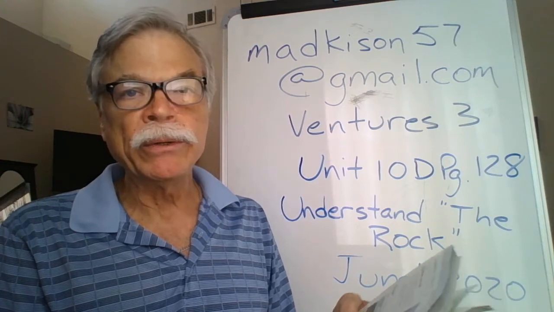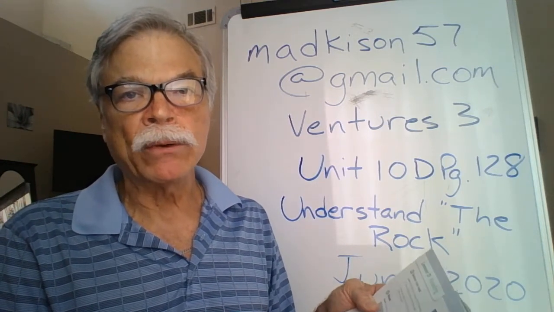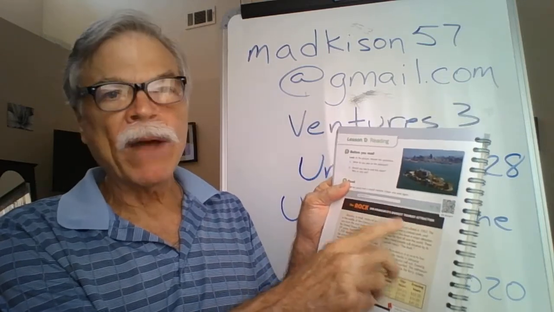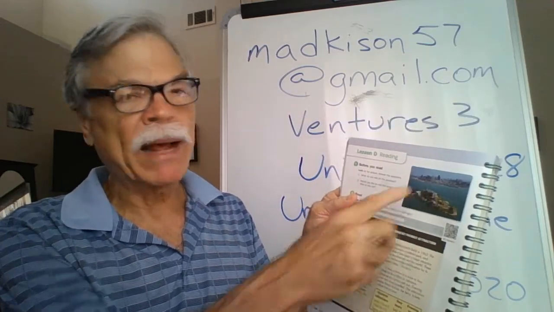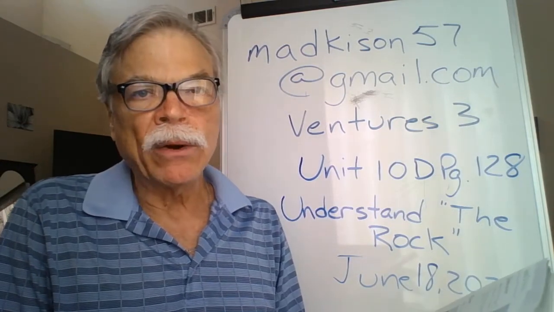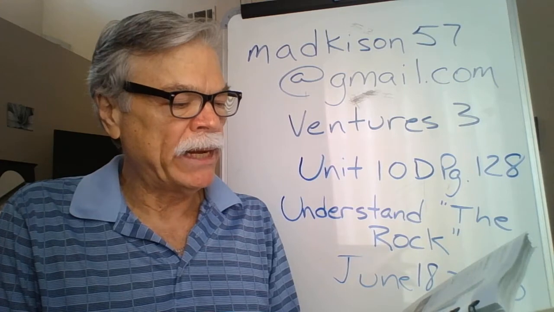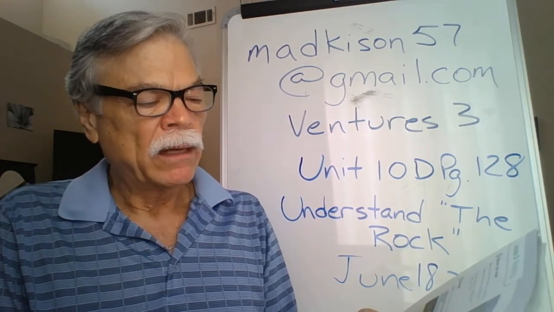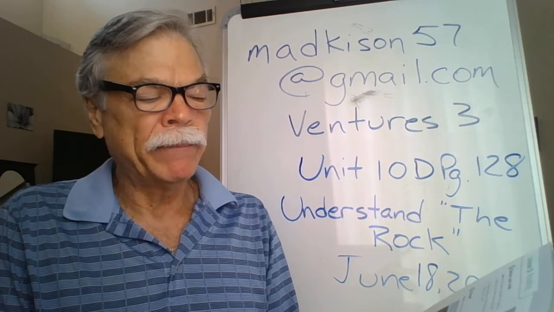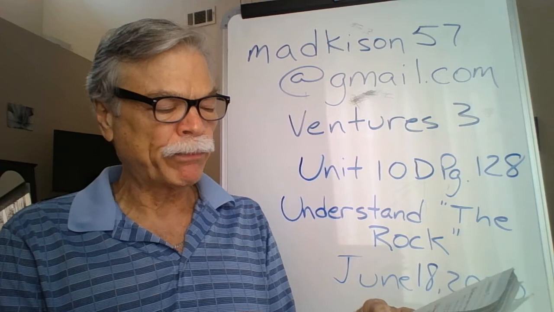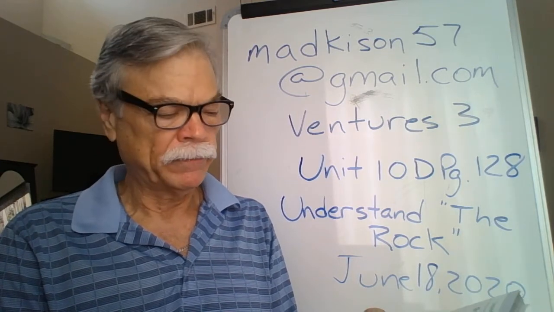So what we're going to do now is read the article from this tourist guide, and find out more information about this place. I'll go ahead and read the article, and you can follow along with me. It says, "Alcatraz, a small rocky island in the middle of San Francisco Bay, was once the most famous prison in the United States.